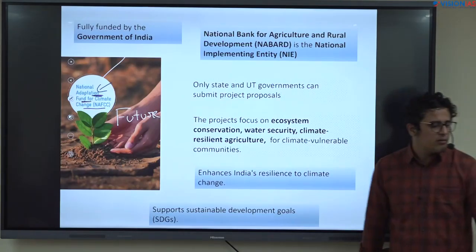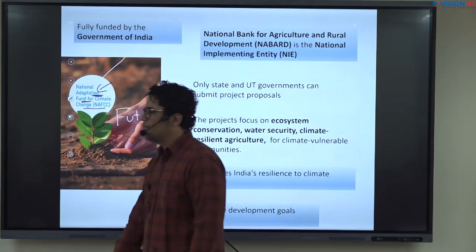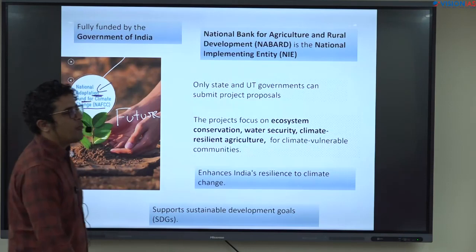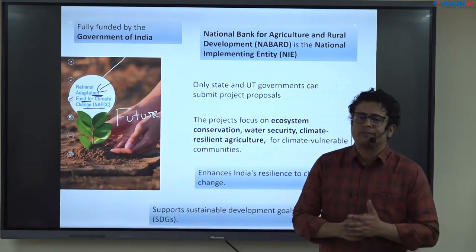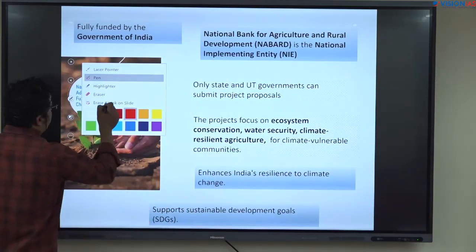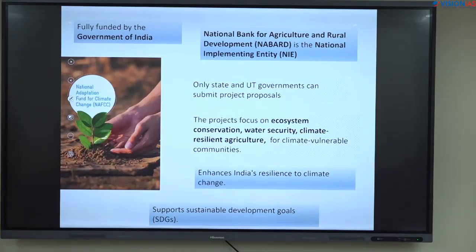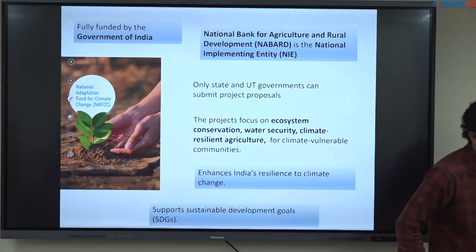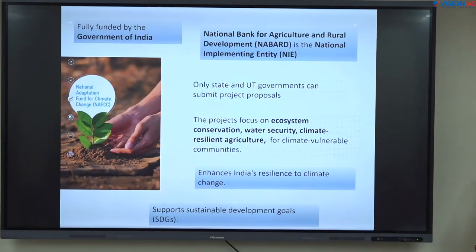Adaptation is mainly concerned with future strategies in which the objective is to adjust according to conditions of climate change.